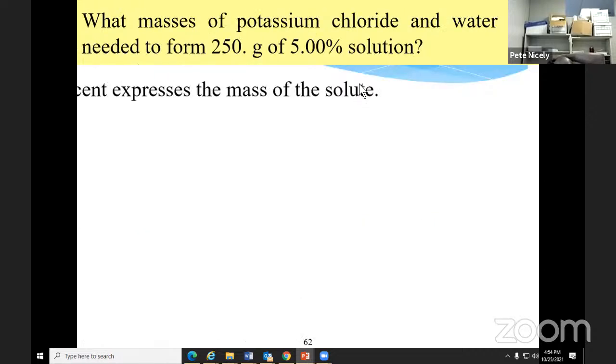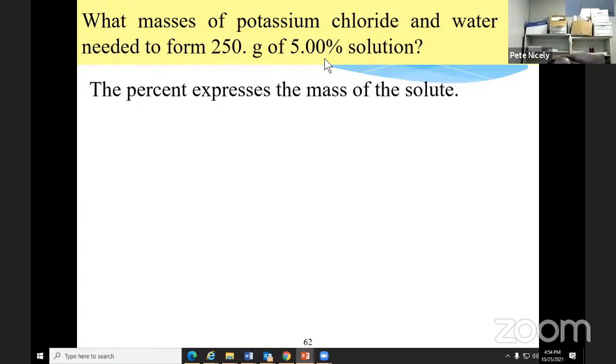In this case, they gave you the percentage of the solution and they gave you the mass of the solution, right? So the question is asking, what are the masses of potassium chloride and water needed to make this solution?